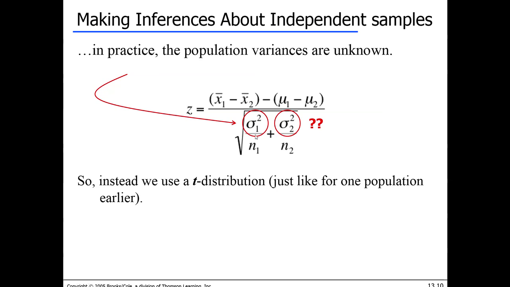So what's my best shot? Sigma 1 and sigma 2 are the standard deviations for population 1 and population 2. My best shot is the sample standard deviations, S1 and S2, right? And if you remember from our discussion about 3 or 4 classes ago, if I don't know sigma and I replace it with a sample standard deviation S, I have to replace the Z distribution with a T distribution, right?